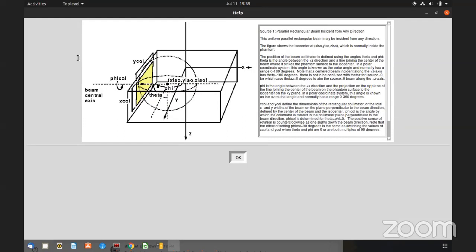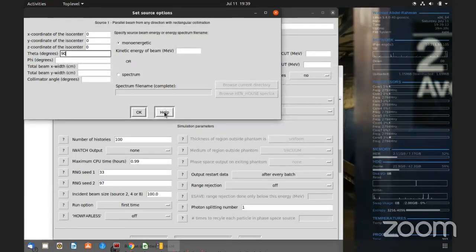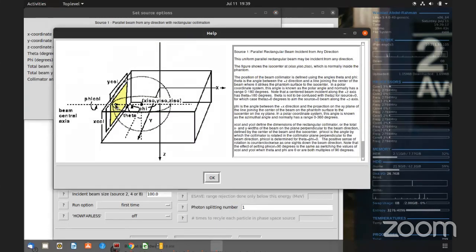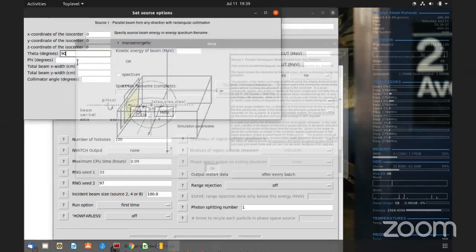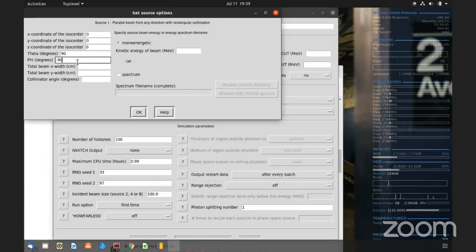And the phi, here it is explained from the drawing. The phi is the angle between the axis of the field and the x-axis. So I want this to be, I think, minus 90 degrees.